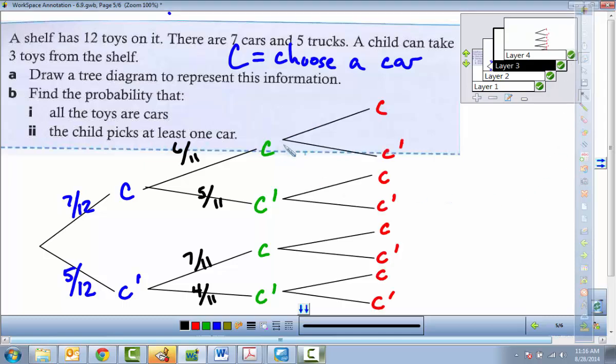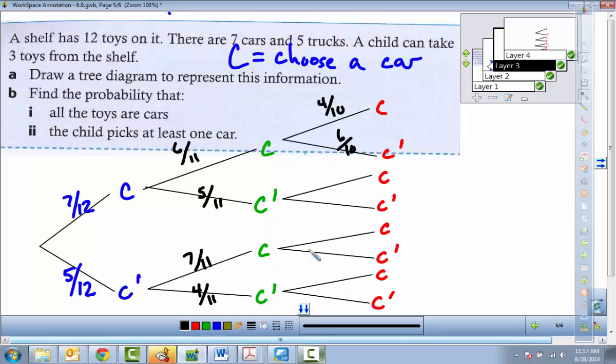The third event will have another pair of branches coming off each one of these, and now we have to label the probabilities here yet again. So again, we took car and then car, so now we're down to 4 cars out of 10. We took car and then car, so out of 10 there's 6. Notice every pair of branches, it'll always add up to a probability of 1.